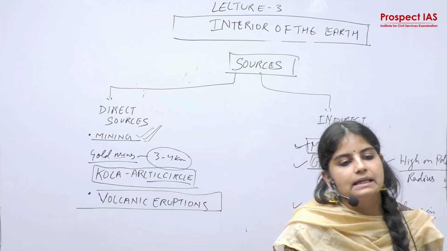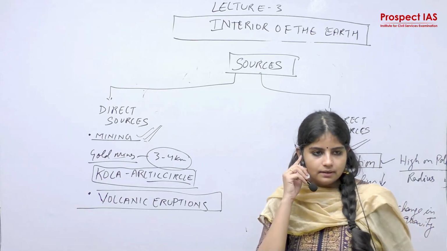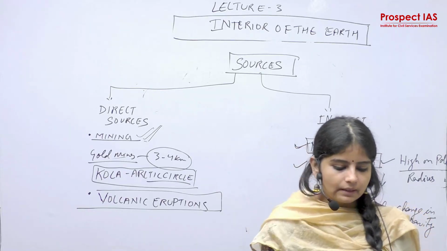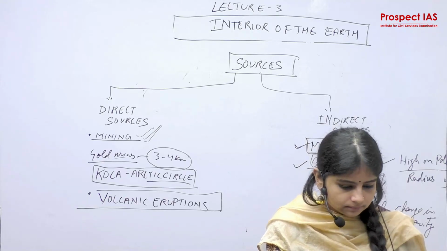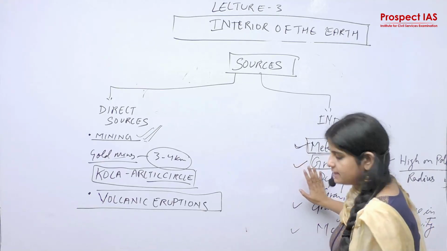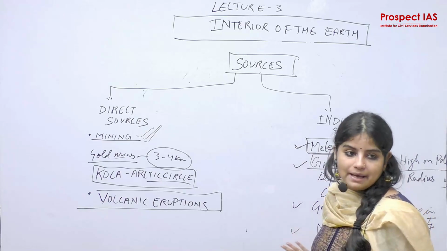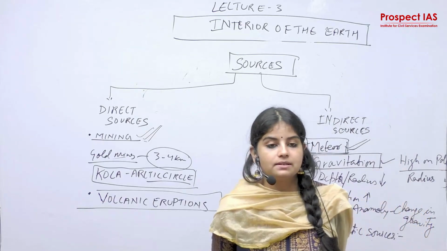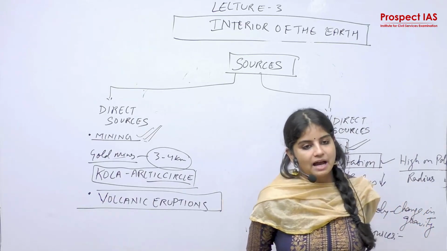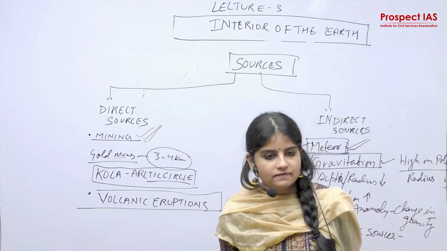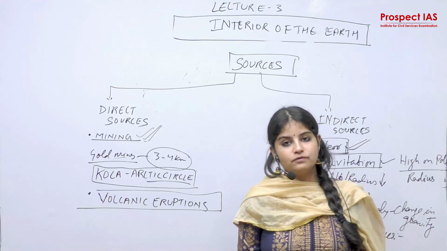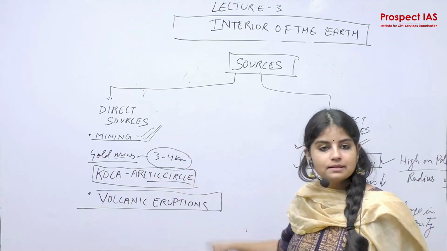Indirect source, the second source you can write in your copy. Okay Divya, I'm repeating it. Magnetic source is the fourth indirect source we are discussing. So in magnetic sources, the first evidence we found from Earth's core part, okay?